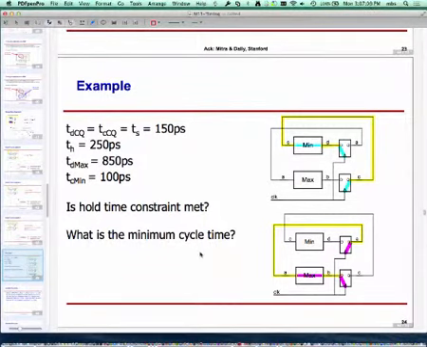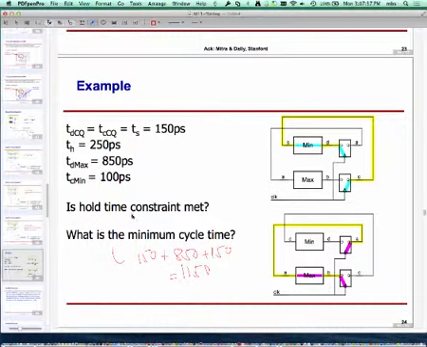What about the minimum cycle time? Now minimum cycle time is the propagation delay of the flip-flop plus the maximum propagation delay plus the setup time. So this is going to be 150 plus 850 plus 150, which is 1150.